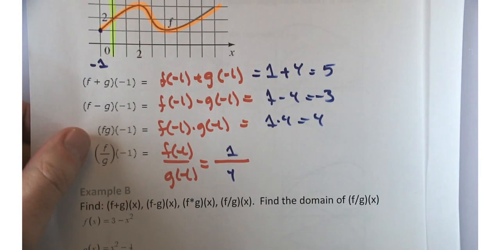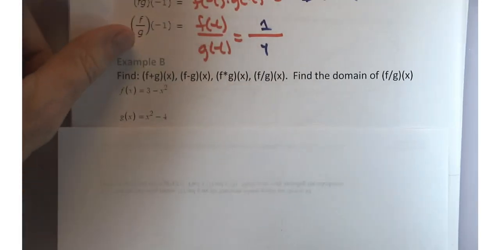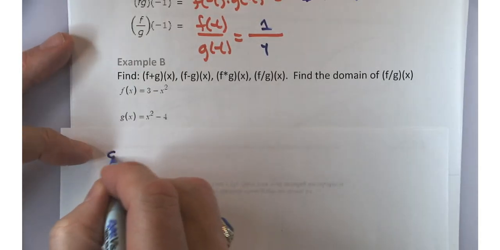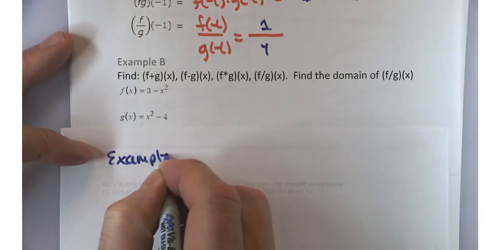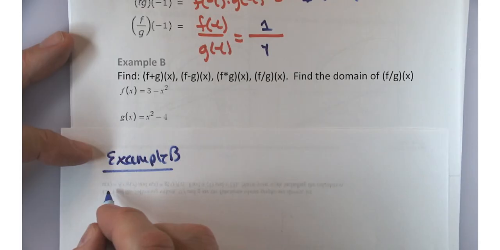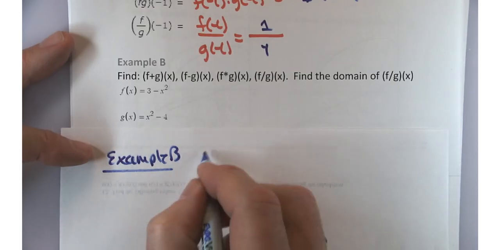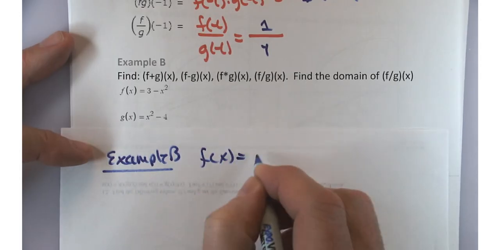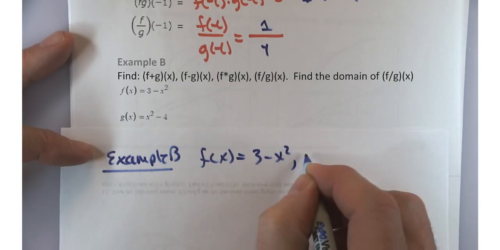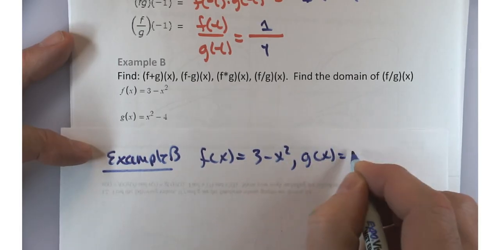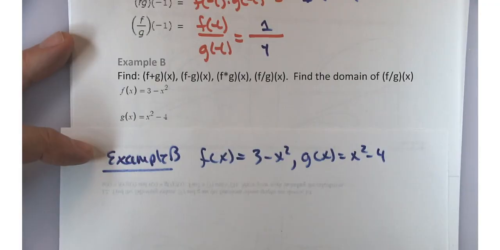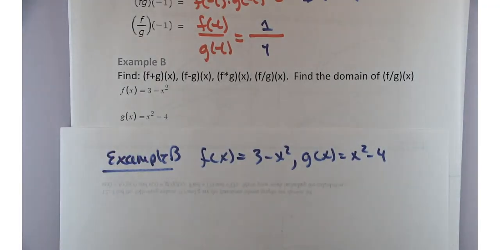So let's take a look at this next page then. So this is example B. We've got f of x equals 3 minus x squared, and g of x is x squared minus 4. And again, it's the same thing being asked here that was asked just a moment ago.